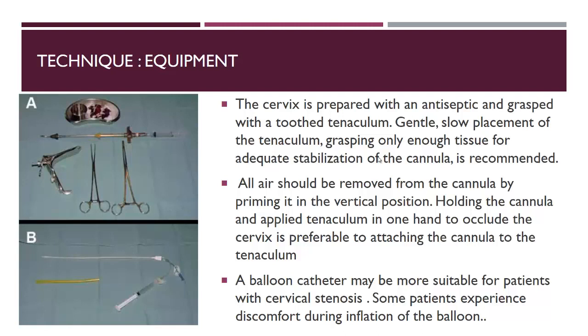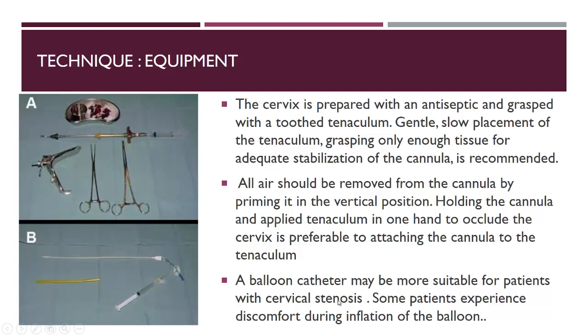Adequate stabilization of the cannula is recommended, or all air should be removed from the cannula by priming it in the vertical position. Holding the cannula first in the vertical position, try to eliminate all the air inside, and then apply the tenaculum with one hand to try to occlude the cervix well with the cannula.